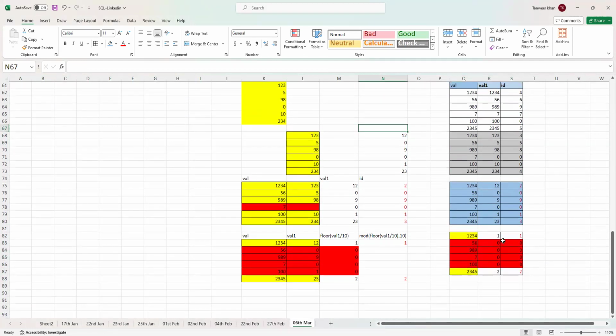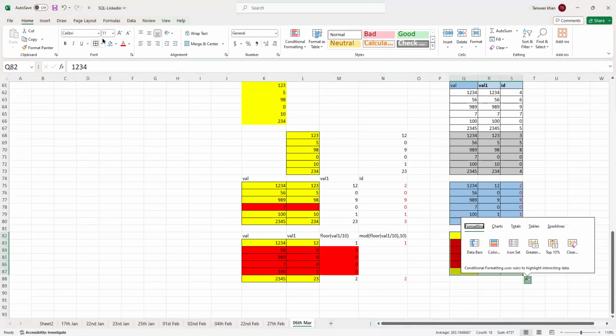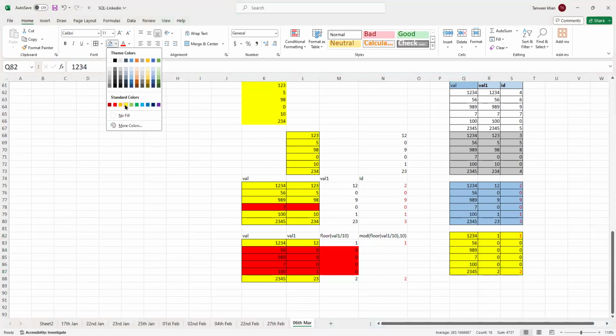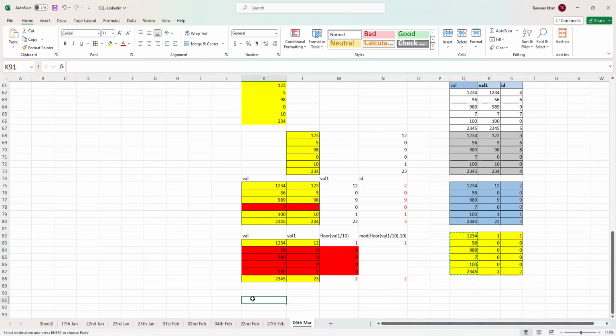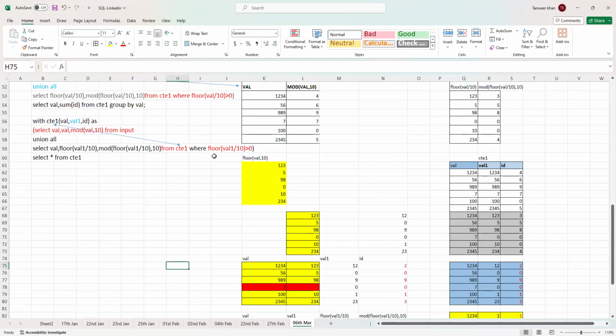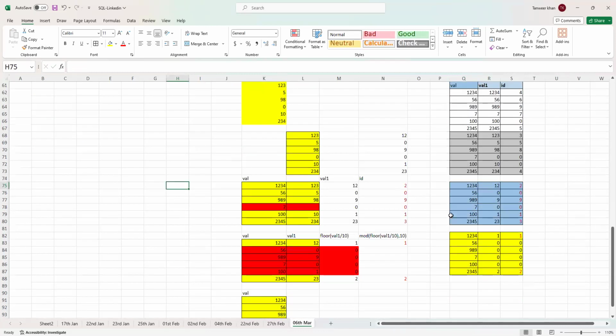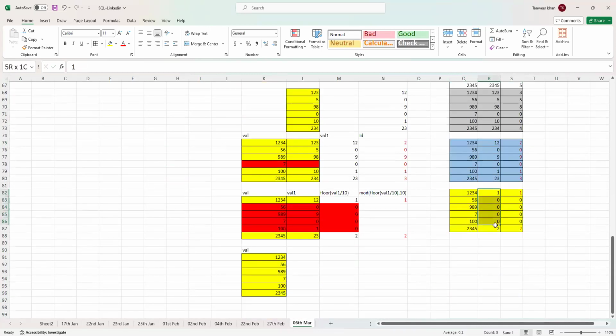Do you have any record? Let's analyze this. Not an issue, don't worry. We will analyze it. This is the new set of data, and in this data, this is the val. And then we have to find floor of val 1 comma 10. Which is val 1? This second one is the val 1.